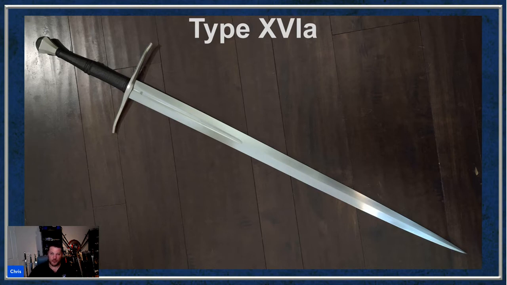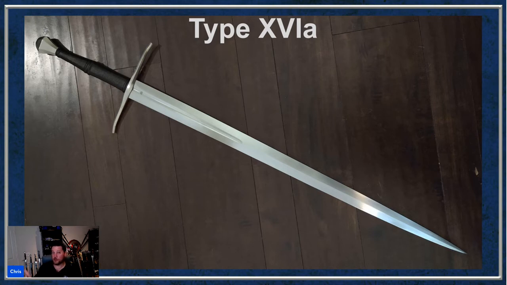So that's where the confusion kind of comes in. Some people might call this an 18A or B now with the later typology. It's hard to tell the difference because for the Type 16A, there's no definition on how long that hexagonal section should be.